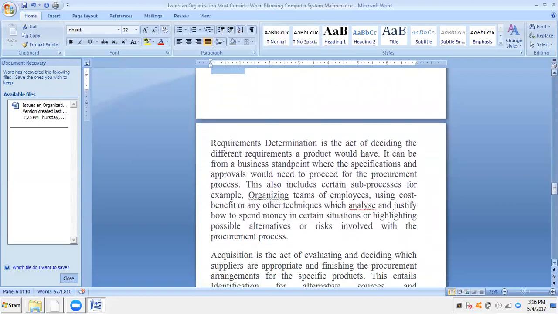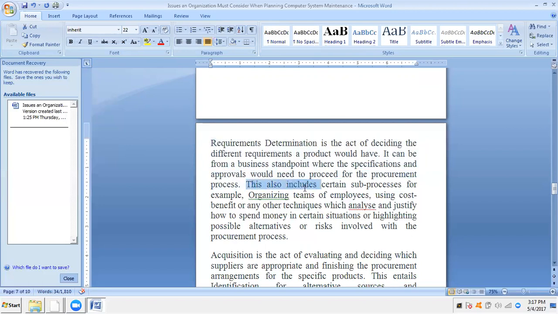So, for procurement, the first step is requirement determination. Requirement determination is the act of deciding the different requirements a product would have. It can be from a business standpoint where the specification and approval would need to proceed for the procurement process.